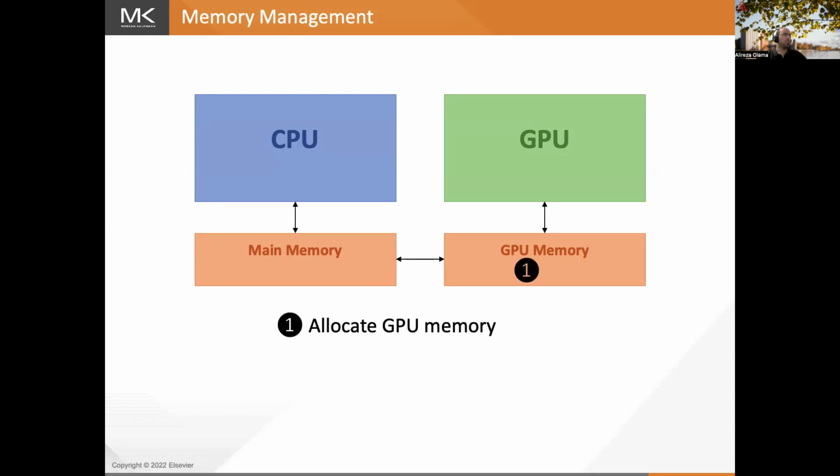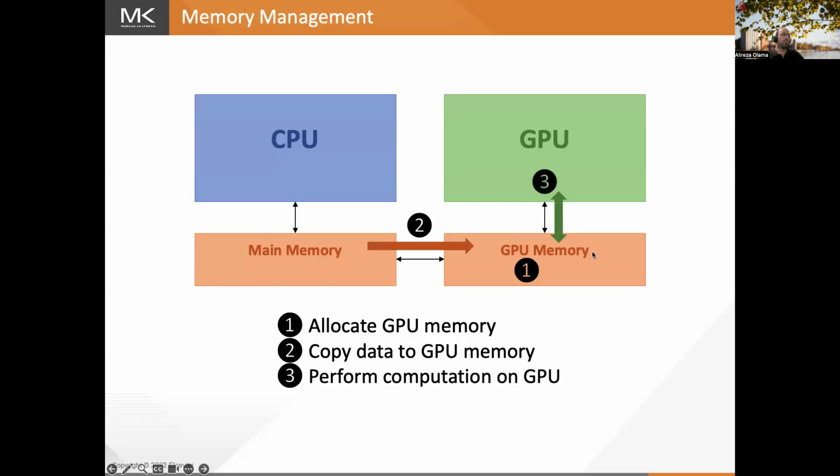So usually in a CUDA program to be executed on these systems, the first thing that you need to do is to allocate some memory on your GPU. Then you copy the data from the main memory or the host memory to the GPU memory. You perform computations on the GPU, and then you copy the data from the GPU to the CPU.